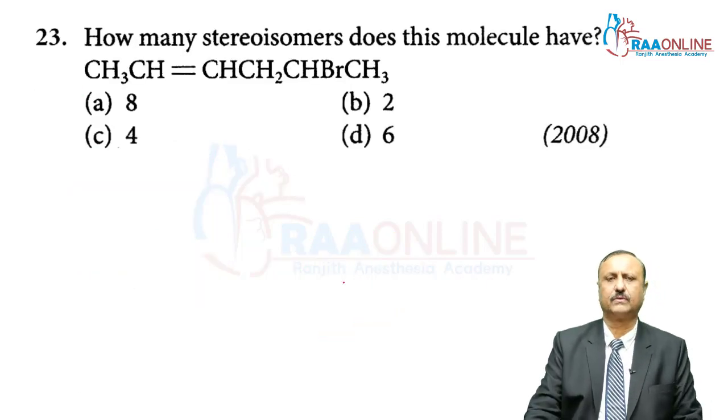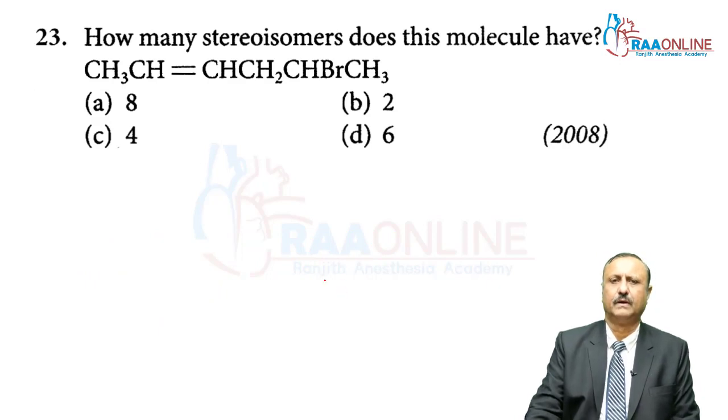Now my dear friends, we can go to question number 23. How many stereoisomers does this molecule have? Here my dear students, you can see CH3, CH, double bond CH, CH2, CHBr, CH3.